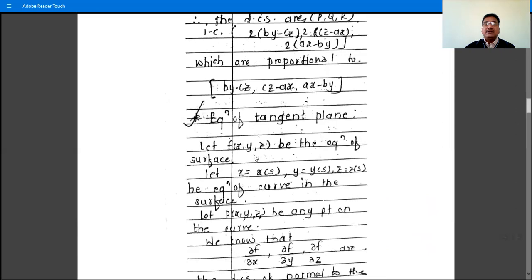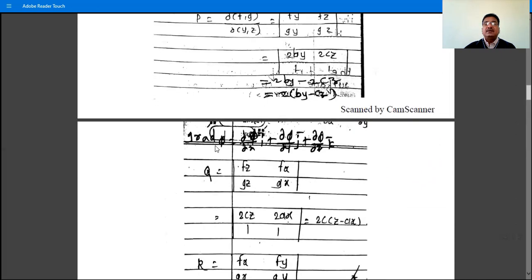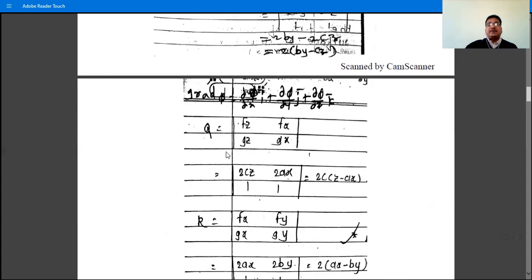Because what is grad f? What is grad f? It is ∂φ/∂x i plus ∂φ/∂y j plus ∂φ/∂z k. And what is the geometrical meaning of grad φ? Grad φ is the normal to the surface.